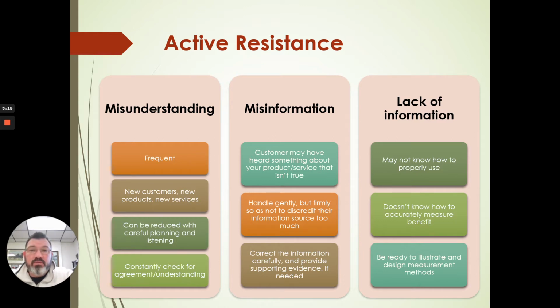The way to help overcome this is to check often for agreement and understanding. Especially when you get to a key feature or key benefit, you might do a check for understanding at that point in time. You may do something as simple as saying, is that clear to you? Or one that is almost like a trial close is, do you see how this might benefit you?